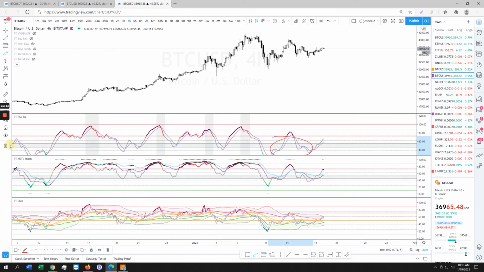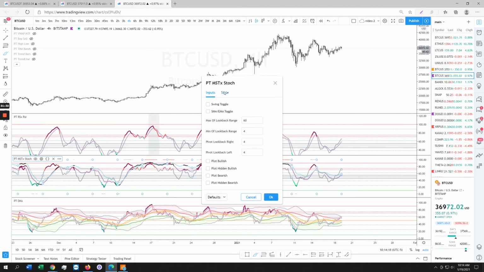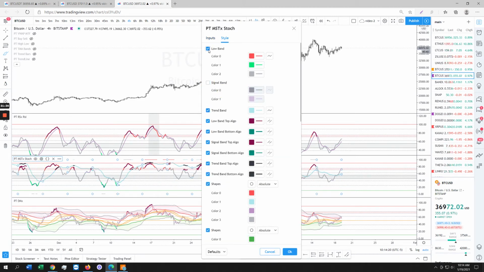I want you guys to pay attention to the trend line. The blue one. See it? This is the first time the trend line broke under the red zone since the breakout from 20,000, so from all-time highs. Let me get rid of everything so you guys can see it clear and just look at the trend line.